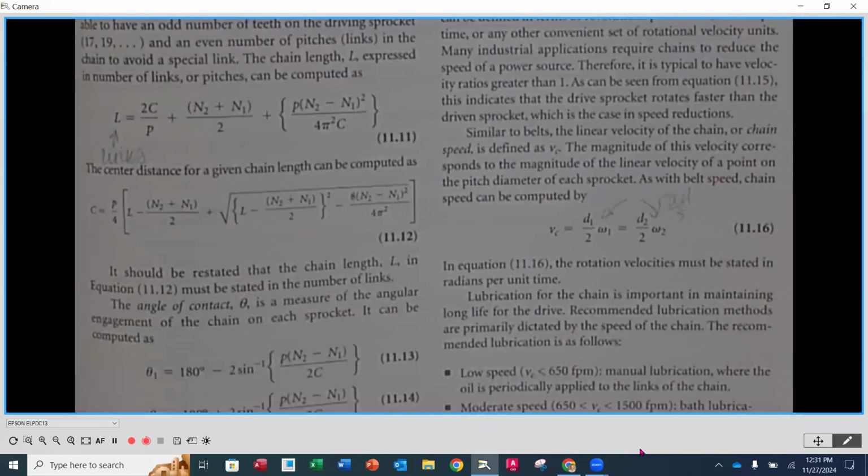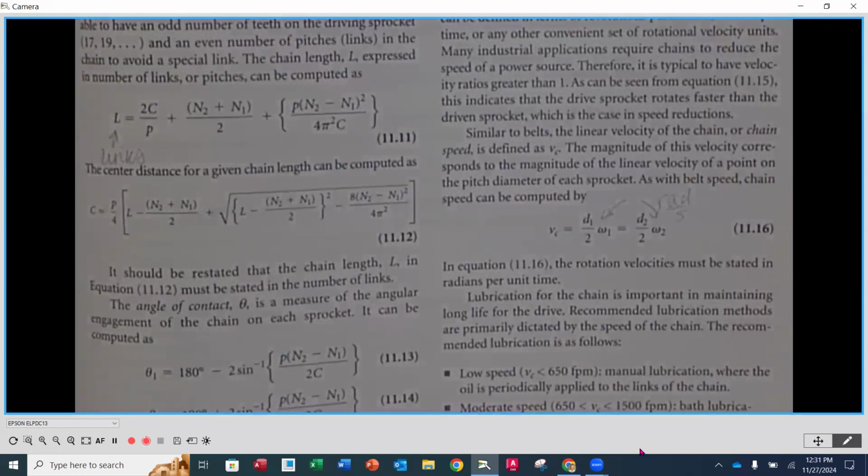Now, the length of our chain is going to be in terms of links, not in inches. And the reason we do that is because when you get chain off of a roll, like in bulk, you literally are going to count how many links you're going to be pulling off.